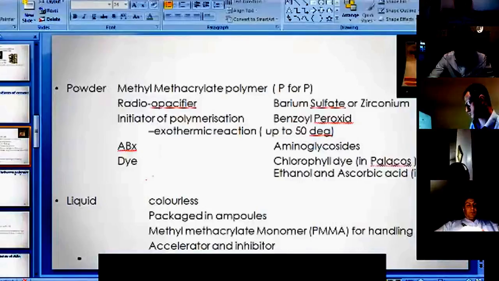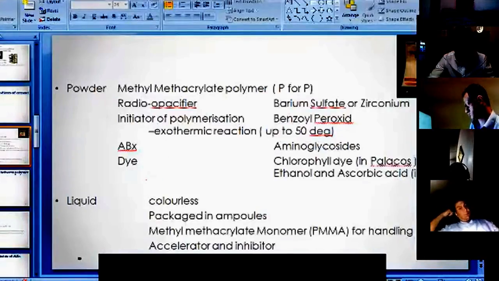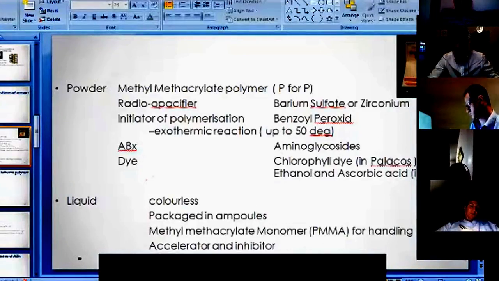In addition, sometimes, not always, an antibiotic can be added to the powder, most commonly aminoglycosides. And there is also a dye added to color it, to make it more visible. That dye could be chlorophyll in Palacos cement or ethanol and ascorbic acid in CMW cement. So these are the most common components of the powder.